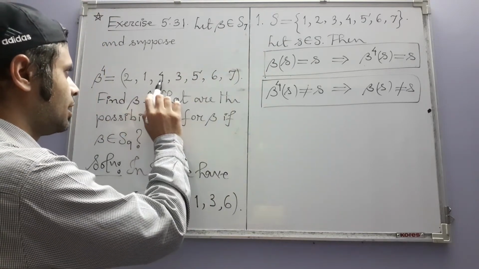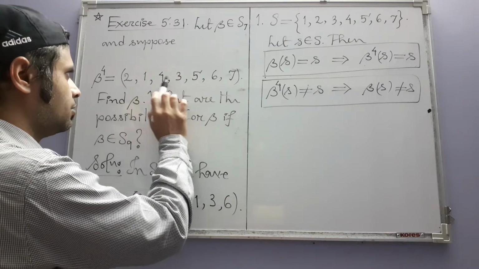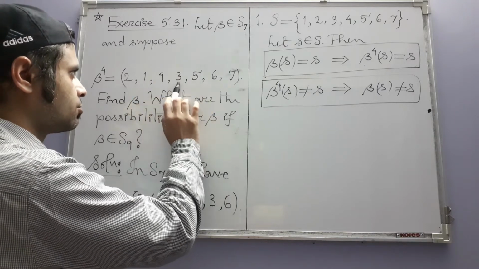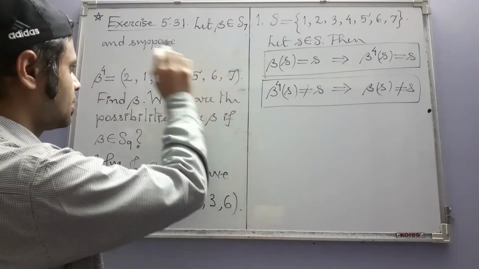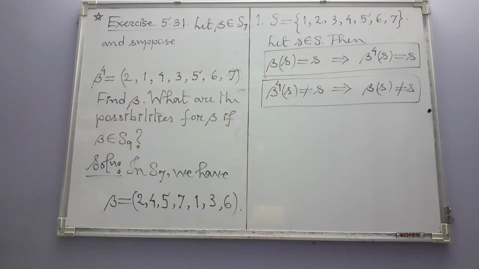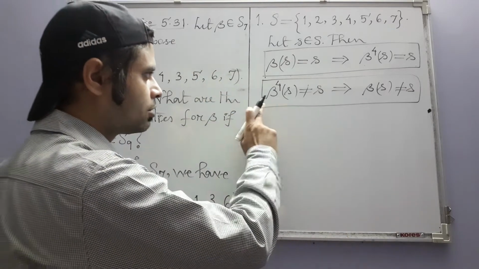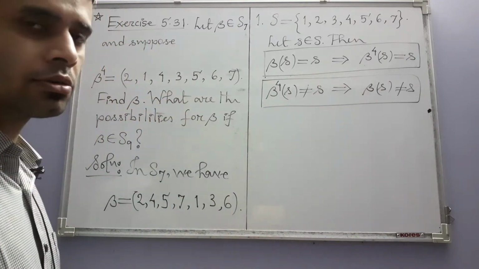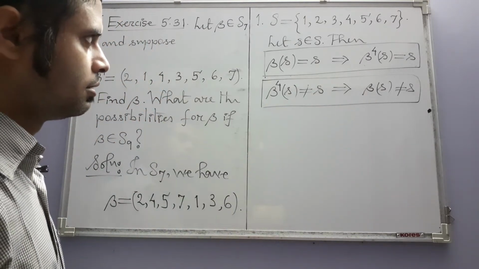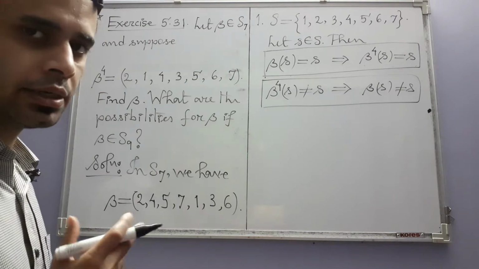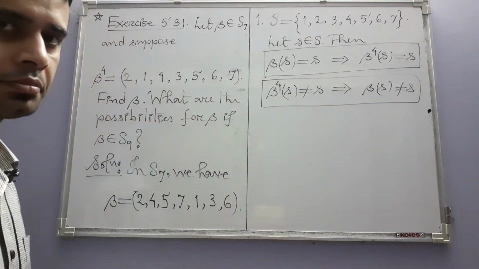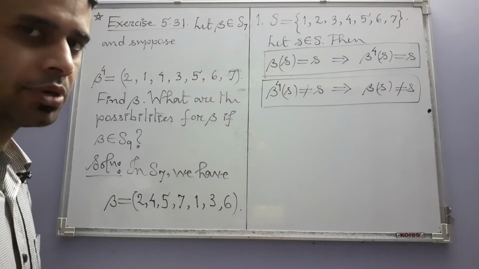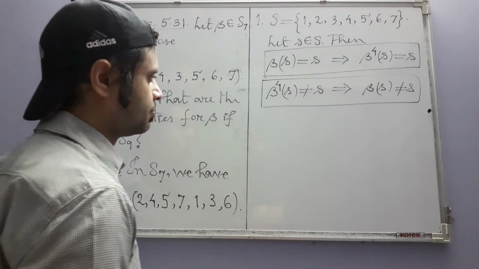It changes 1 to 4, 2 to 1, 3 to 5, 4 to 3, 5 to 6, 6 to 7, and also 7 to 2. So that means, according to our discussion, beta, whatever ultimately it turns out to be, also should change everything. Simply that is the consequence.